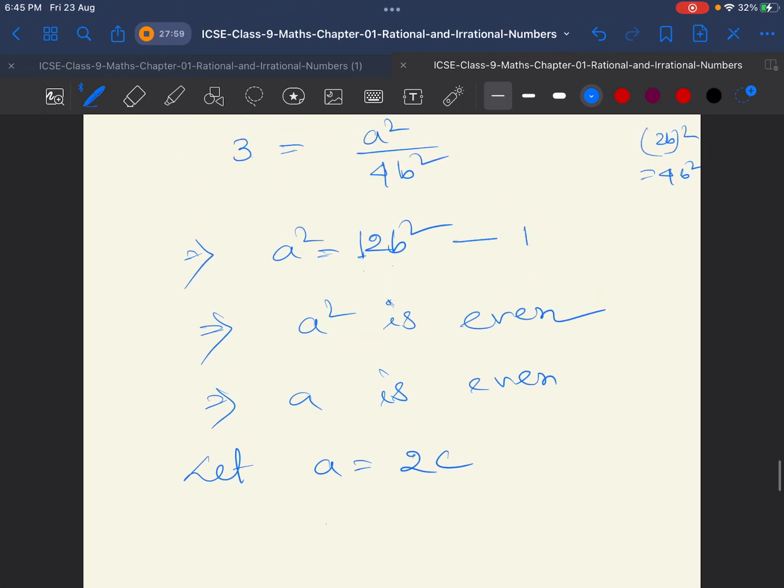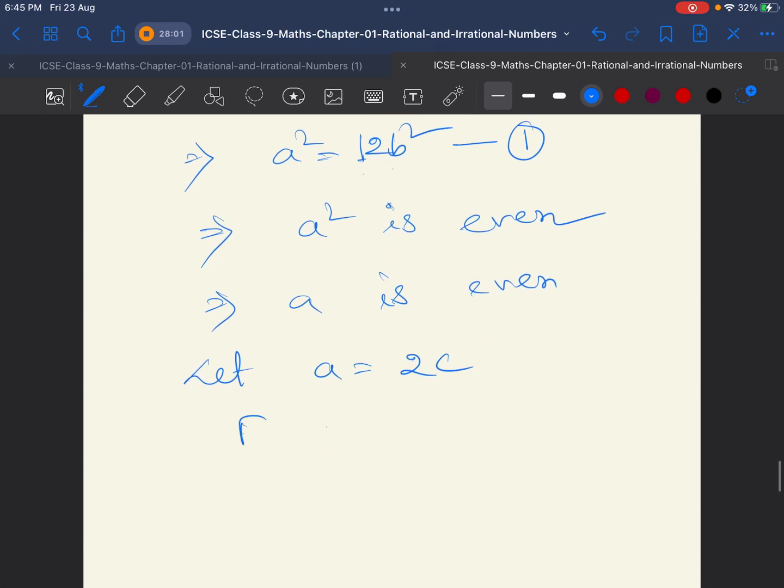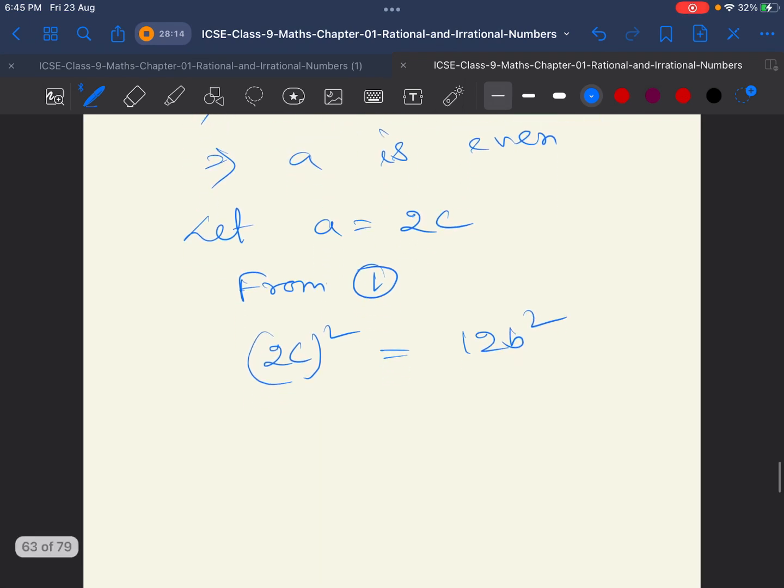So now let a equal 2c. So now we put here in 1, so from 1 we substitute the value of a, so this is (2c) square equals 12b square.